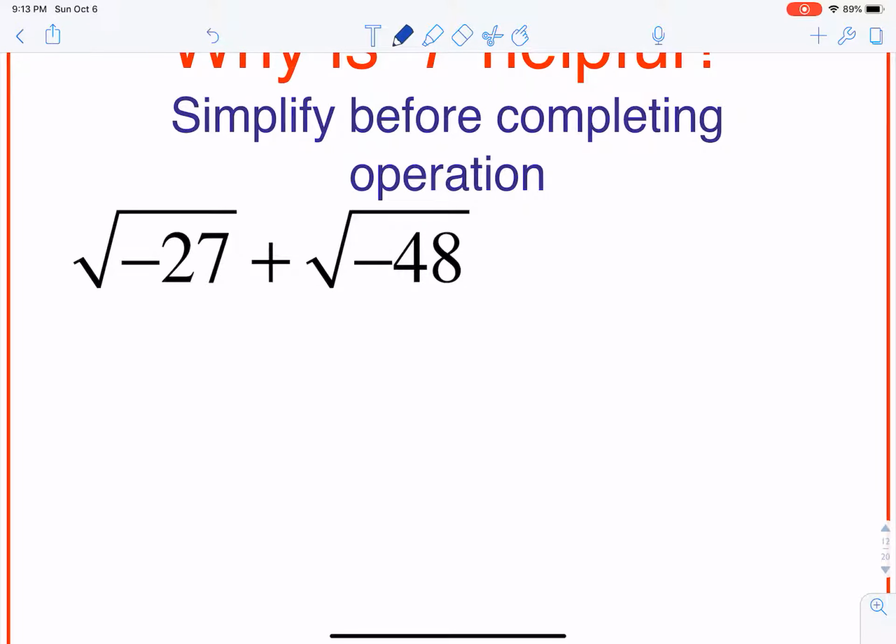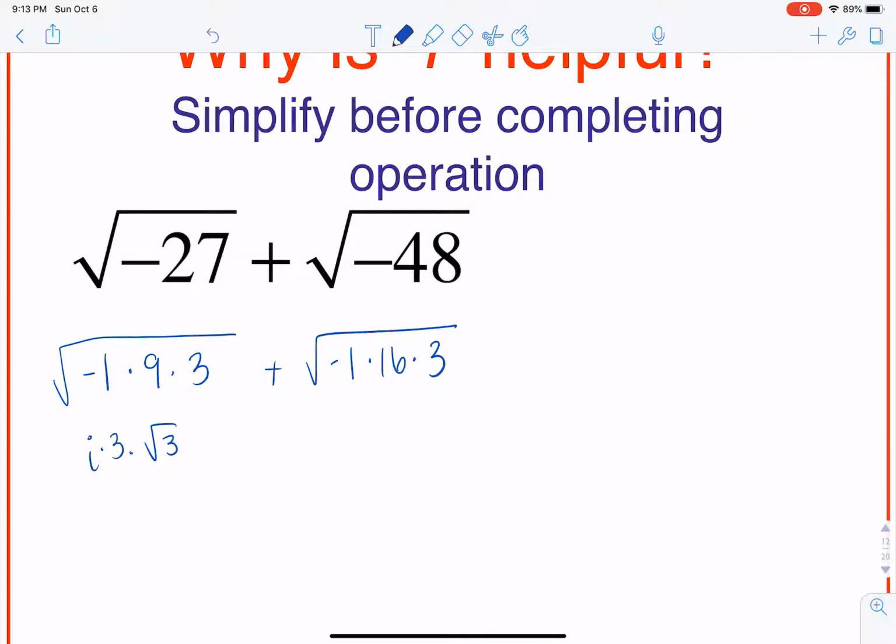So here, I'll go through some of this work. This square root of negative 27 is really like the square root of negative 1 times 9 times 3, plus this square root of negative 48 is really like negative 1 times 16 times 3. So the square root of negative 1 gives me i, the square root of 9 gives me 3, and I'm left with the square root of 3, plus the square root of negative 1 is i, the square root of 16 is 4, and I'm left with this square root of 3.